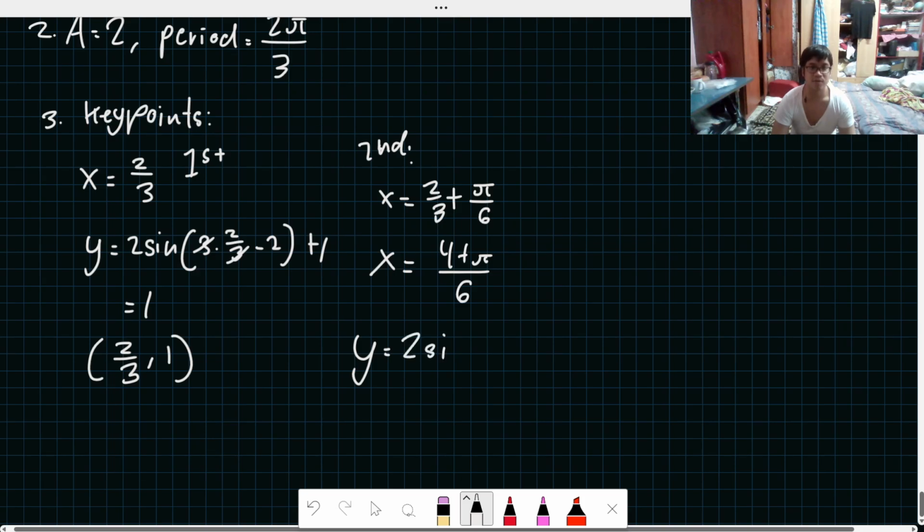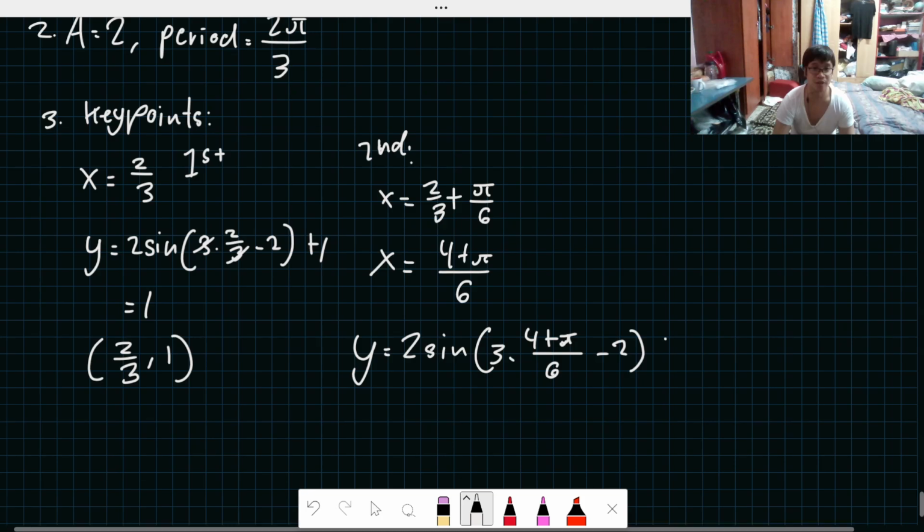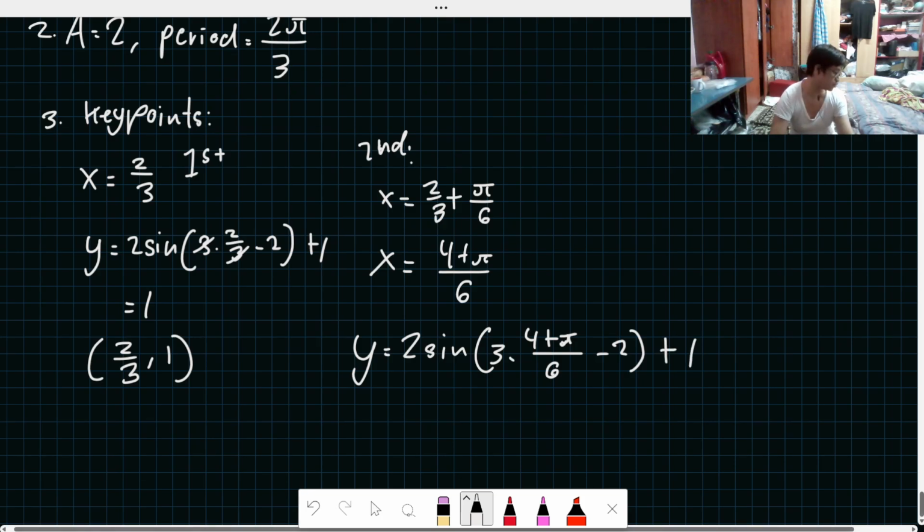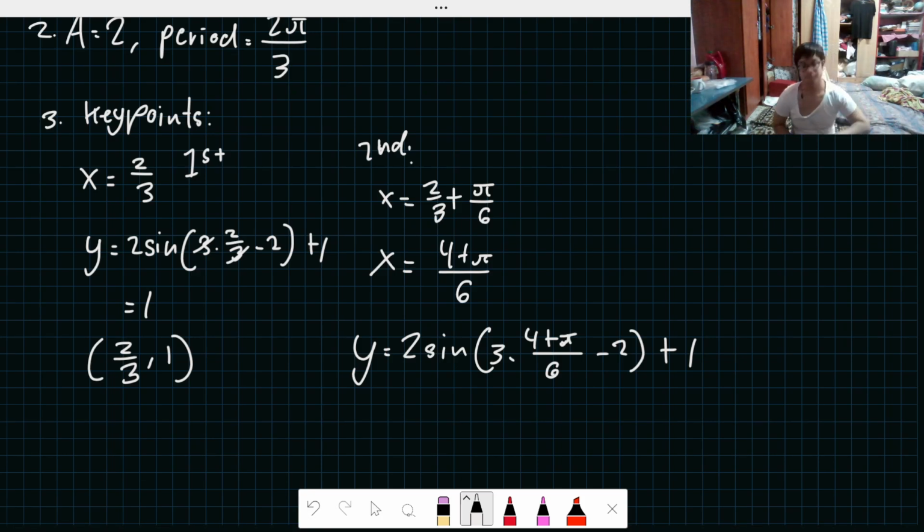So your y is 2 times sine of, I substitute your x here, so you will have 3 times 4 plus pi all over 6, minus 2. Here I suggest using a calculator because there is again a chance that we're going to have a very complicated answer. All right, so let me just open my calculator.